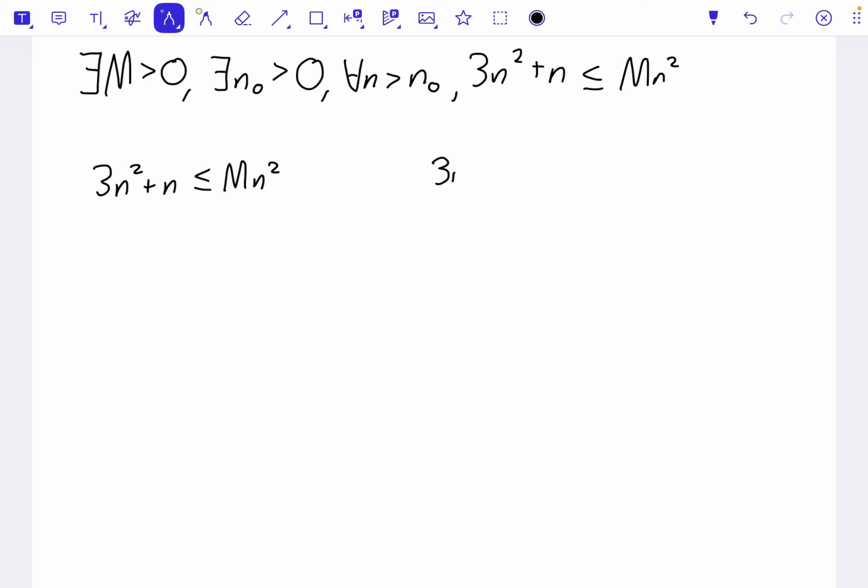We have a complicated side of 3n squared plus n. Sure would be nice if n were less than n squared, so that I could combine those two terms. This is true when n is greater than 1.